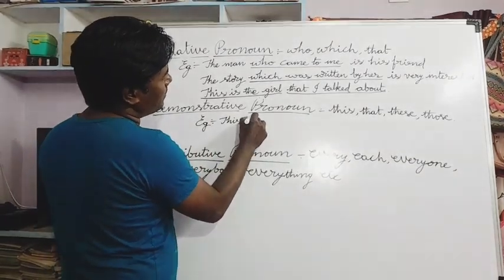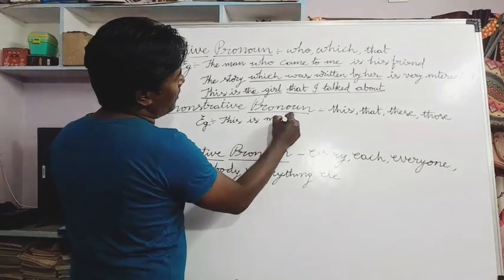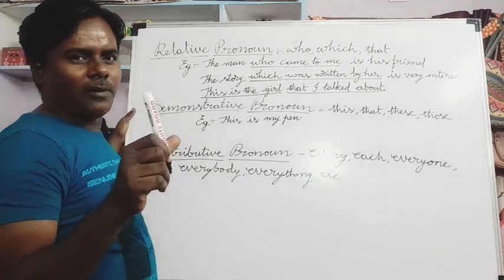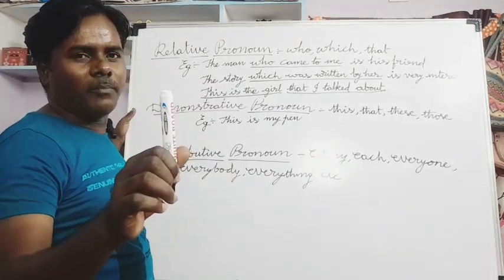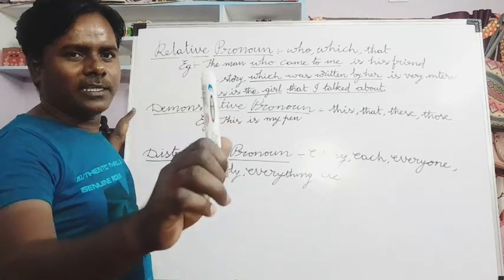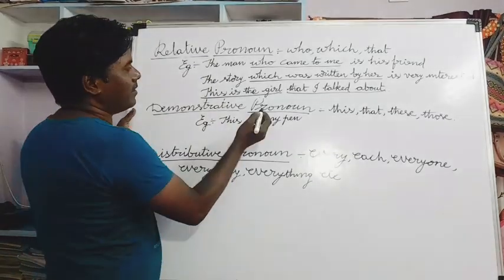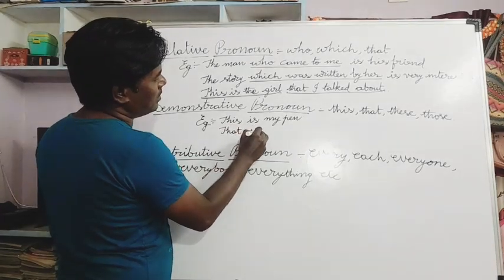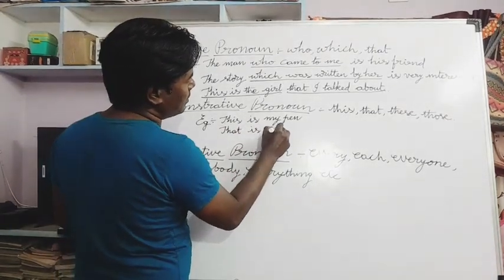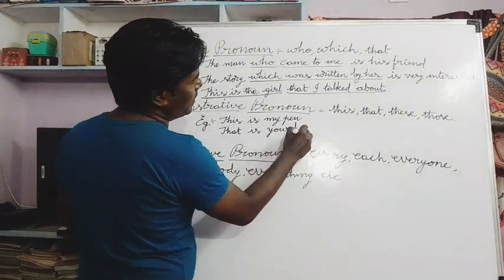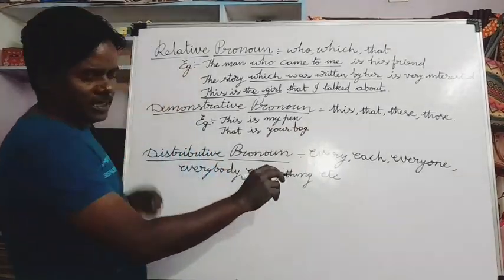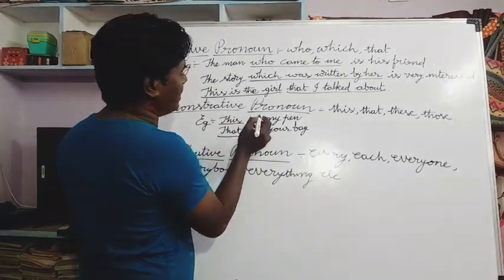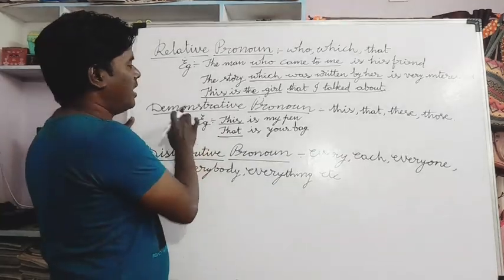this is my pen. So by pointing out, I said this is my pen. Then, that is your bag, right? Here this and that are demonstrative pronouns.